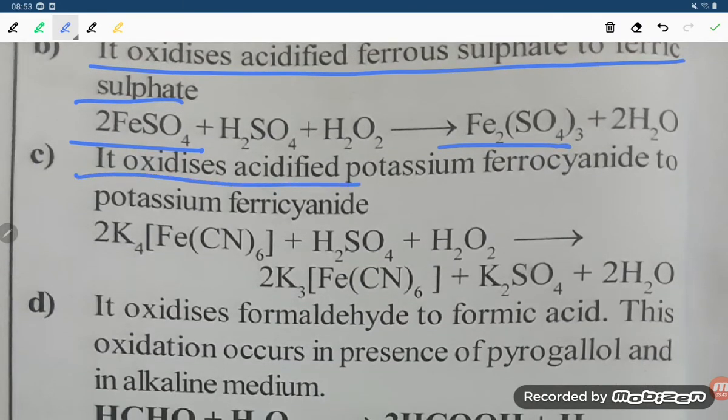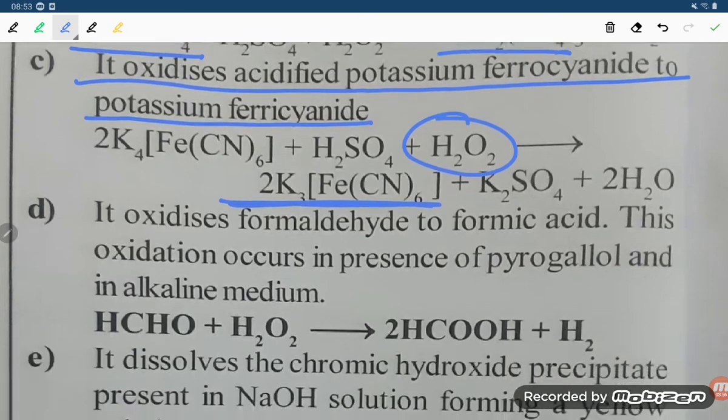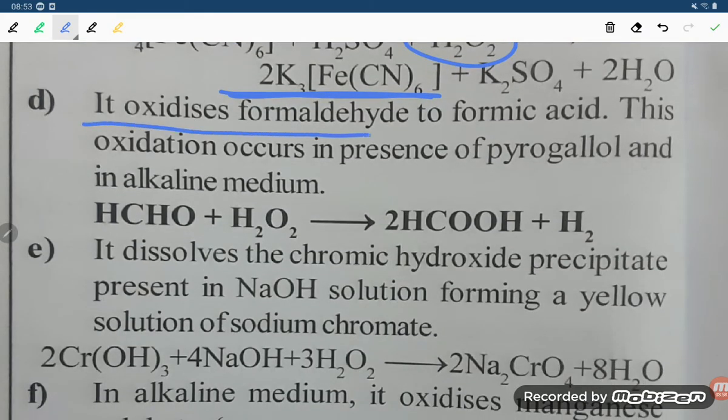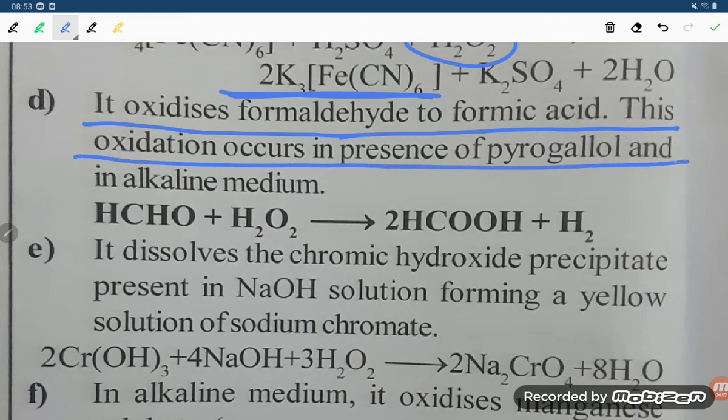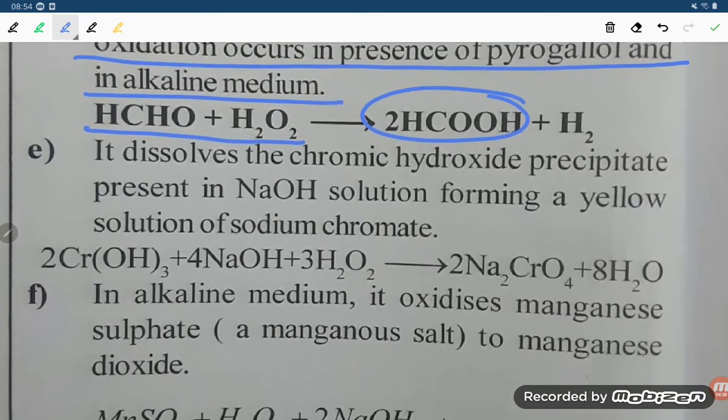It oxidizes acidified potassium ferrocyanide to potassium ferricyanide, K4Fe(CN)6 to K3Fe(CN)6. It oxidizes formaldehyde to formic acid; this oxidation occurs in the presence of palladium and in alkaline solution.